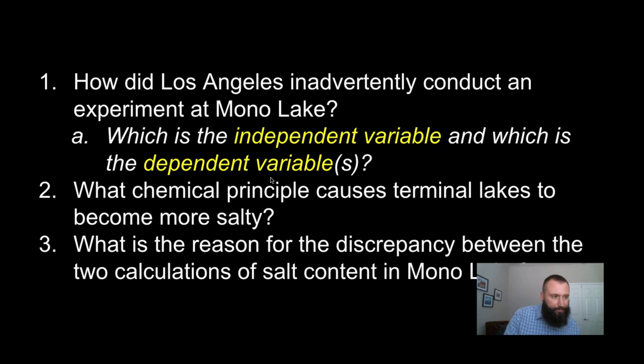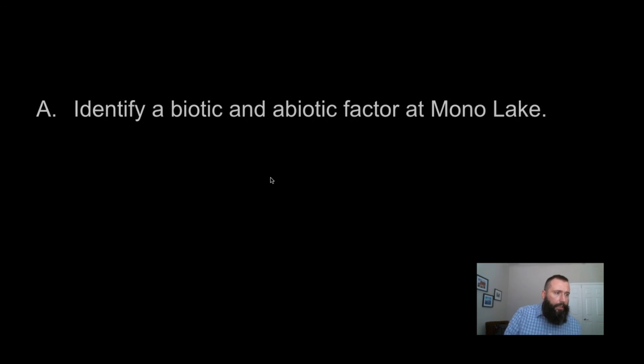Pretty interesting stuff. And then we had that FRQ that I thought was kind of wild to talk about, learn about, think about. This will help you out with that quiz too. Identify a biotic and an abiotic factor at Mono Lake, right? The living and the non-living stuff. I wrote down brine shrimp, brine flies, algae for the biotic, for the living factors.